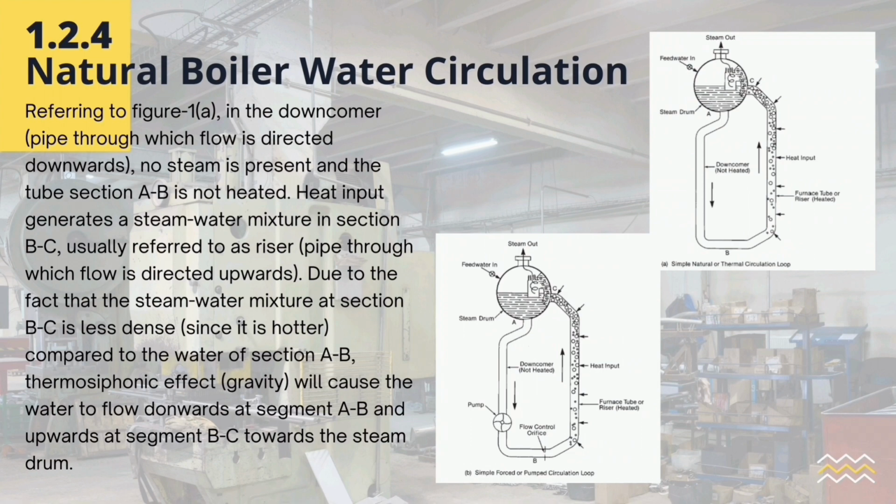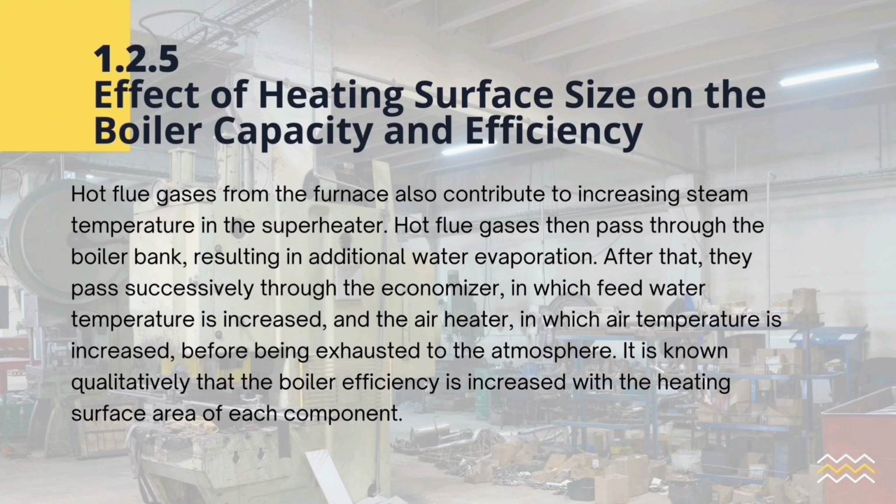The effect of heating surface size on the boiler capacity and efficiency: hot flue gases from the furnace also contribute to increasing steam temperature in the superheater. Hot flue gases then pass through the boiler bank, resulting in additional water evaporation.